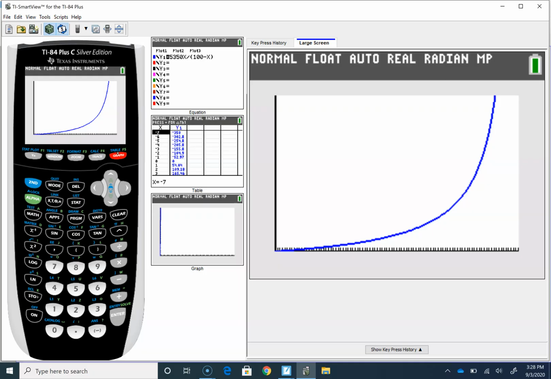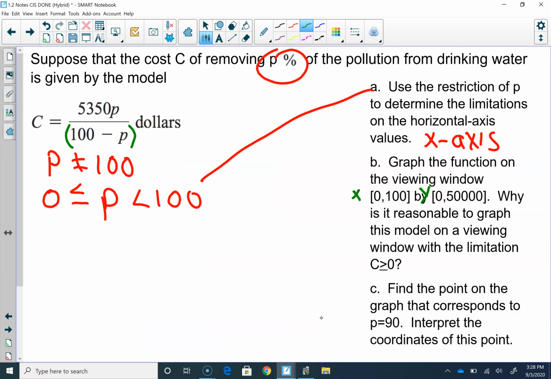Okay. Let's go back to our question. That's my graph, so you're going to actually portray that here, right? So you're going to go from 0 to 100, and it's going to go like this. And this is 0 to 50,000 is where we went to on there. So that's the windows.